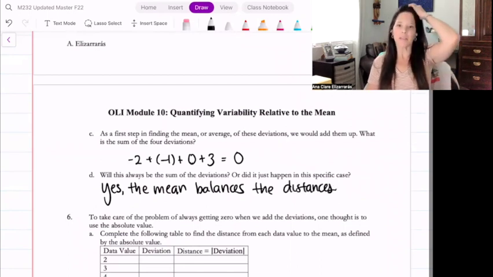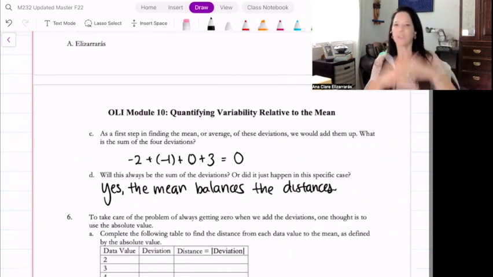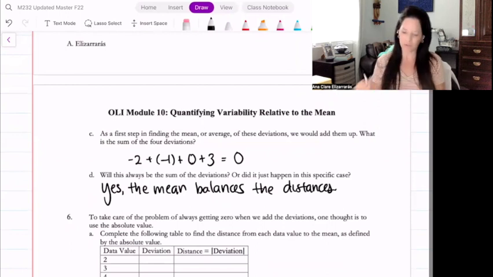Because the mean balances the distances, finding the deviations and adding them up gives us no information into how spread out our data is. So we need to do something else. What we're going to do is we're going to find the absolute value next. Let's see how that works.